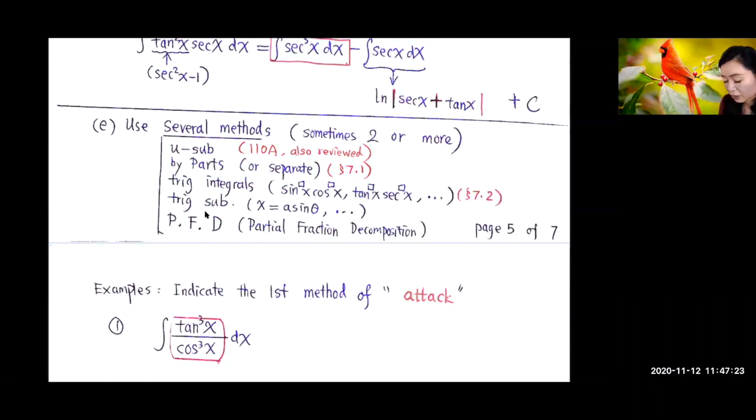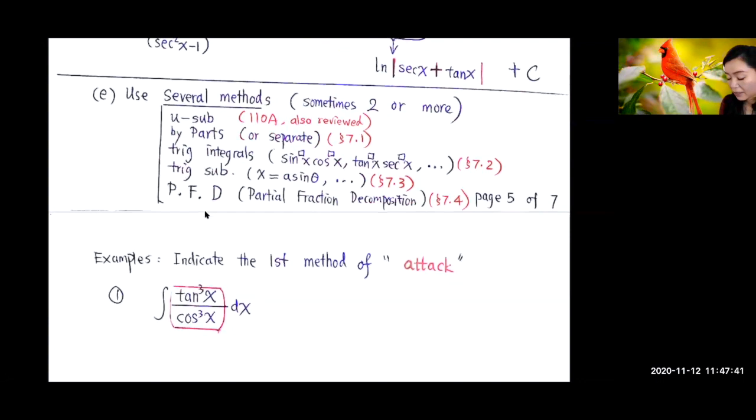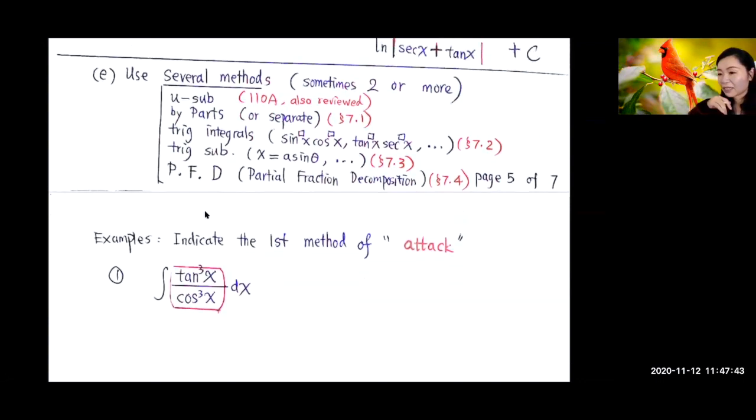And then we did trig sub. Trig sub was 7.3. And then partial fraction decomposition, PFD. That was 7.4. Okay, so those are the strategies that you use to find the integral.